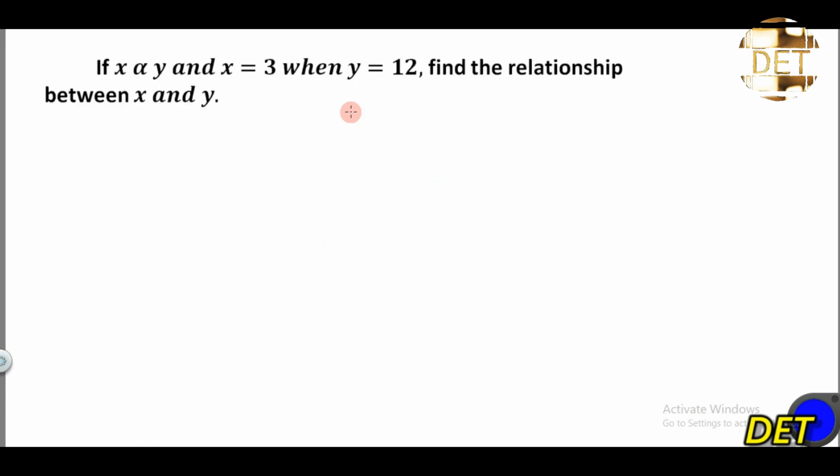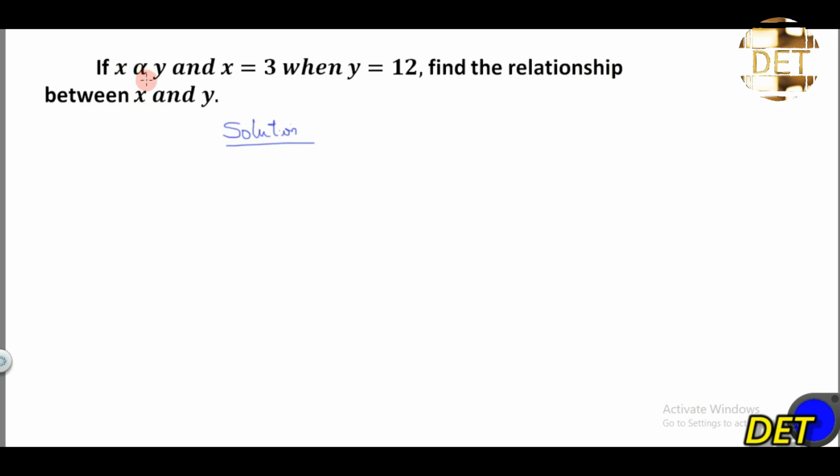So let's look at a question because this is the most important part of this discussion. If X is directly proportional to Y and X is equal to 3 when Y is equal to 12, find the relationship between X and Y. So let's put the solution here.